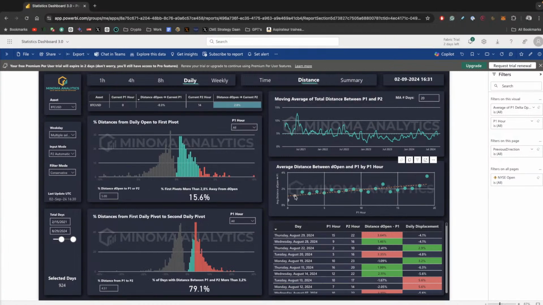Now, what this is going to do in practice is that if P2 is at any of these hours, then most likely the percentage of this is going to be a little bit higher. Sometimes it's going to be lower, I saw, but oftentimes it's going to be a little bit higher. It's going to be more accurate, and it's probably going to give less false negative or false positive signals.